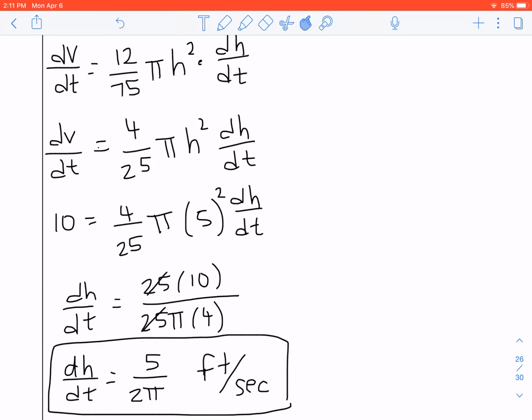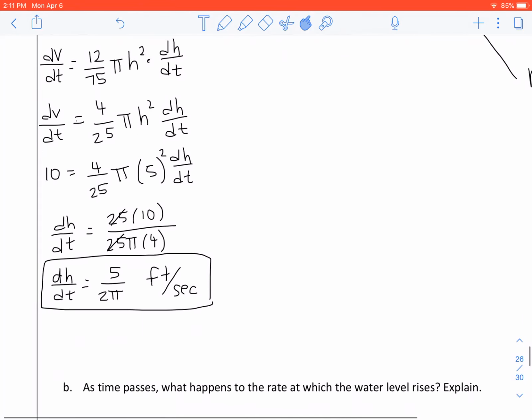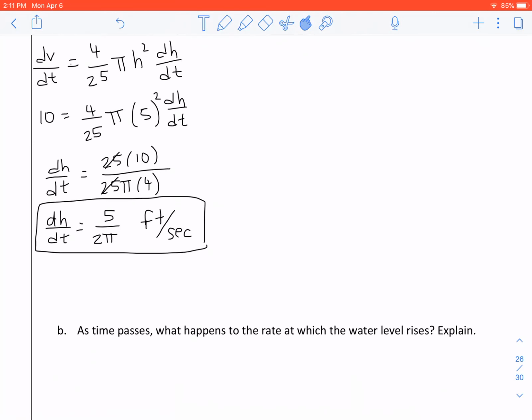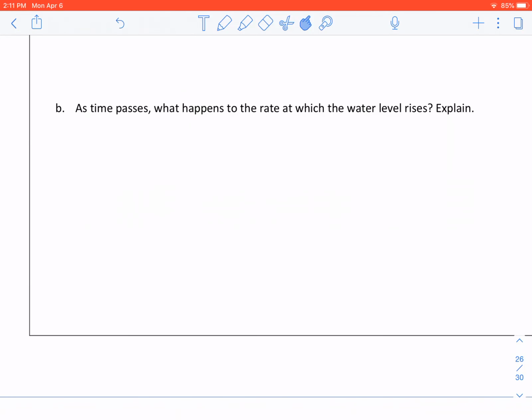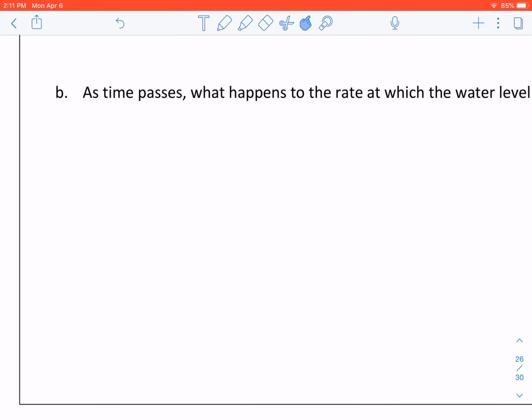The problem does continue down below. There is a part B. Part B says, as time passes, what happens to the rate at which the water level rises? And explain. So I'm going to copy down the formula that we had from up above for dV/dt. And I'm going to leave h as a variable and dH/dt also as a variable.